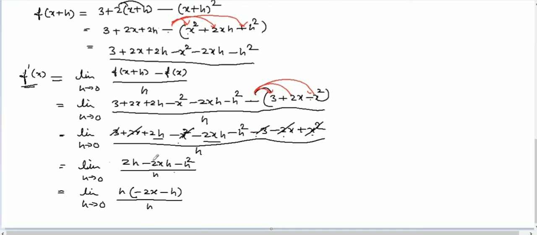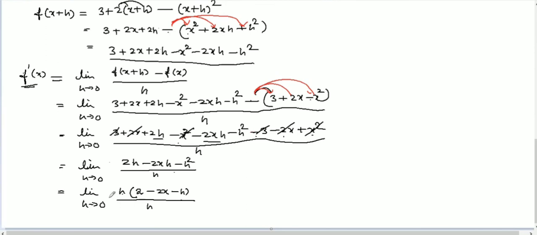In all three terms we have h here. So we will take h common here. If we take h common, h goes out, so we will have 2 minus 2x and then minus h left here.